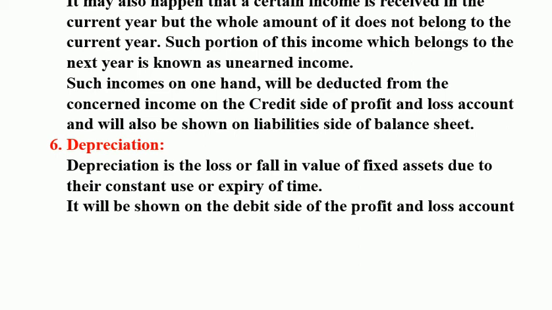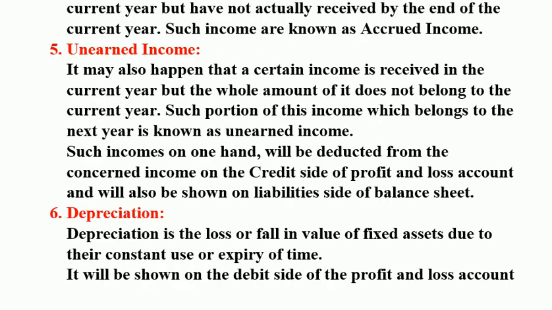So with the constant use or expiry of time, there is a decrease in value of fixed assets, and that is what is known as depreciation. So how will it be treated in our books of accounts? It will be shown on the debit side of profit and loss account, and that particular amount of depreciation will be deducted from your amount of assets on the asset side of the balance sheet.